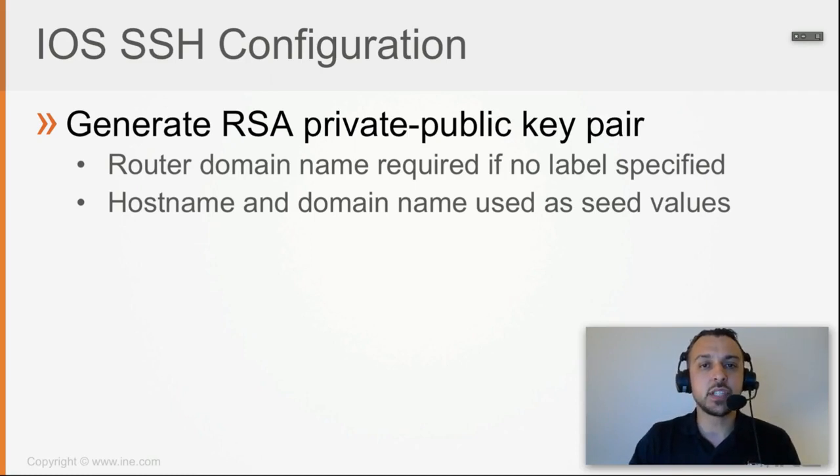But even in the IOS codes where it is required, it's only required if you don't specify a label, which means a name for the RSA private-public key pair. If you don't specify a label, the domain name is required because the RSA key pair is going to be named hostname of the router dot domain name. So that's why it's being required to begin with.